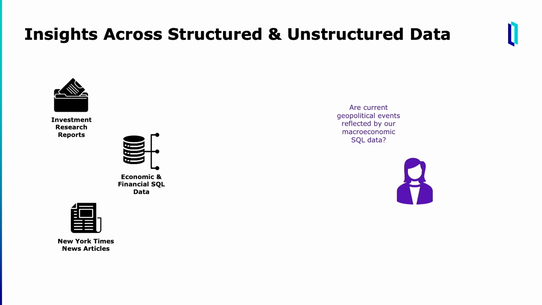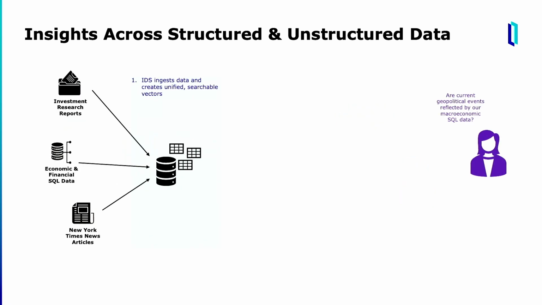And how the story used to go would be they just do manual research to get their answers. So they would look through all of this data, parse through it, determine what data is relevant, extract their key findings, and compile it in a report. Very tedious, very time consuming. Well, IDS says no more, because with IDS, you can register all this data, unify the data from all these sources.